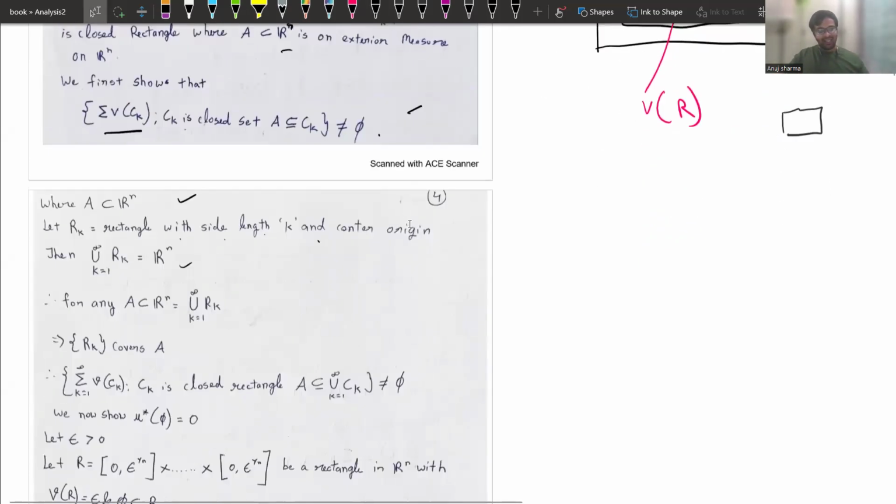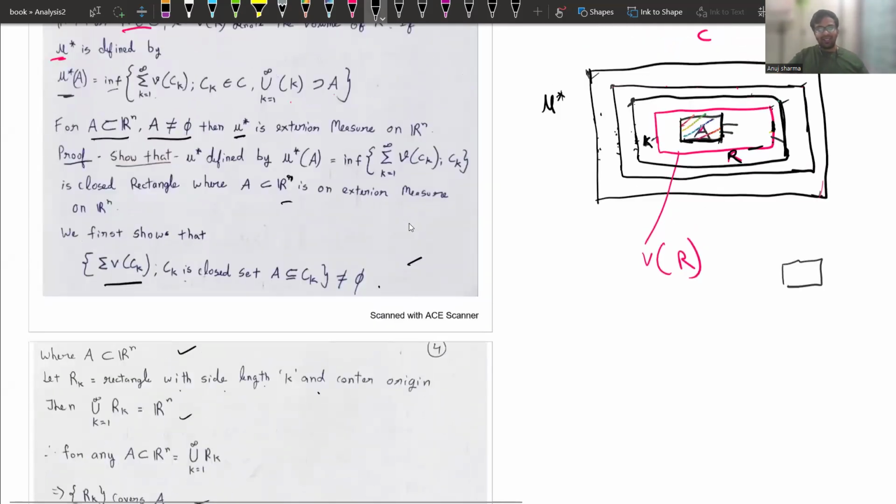So you can say that RK covers A. If this rectangle is placed on the pink, and this pink rectangle is placed on the black, and this is placed on the third, and this on the fourth, then the place occupied by A is present on every rectangle.